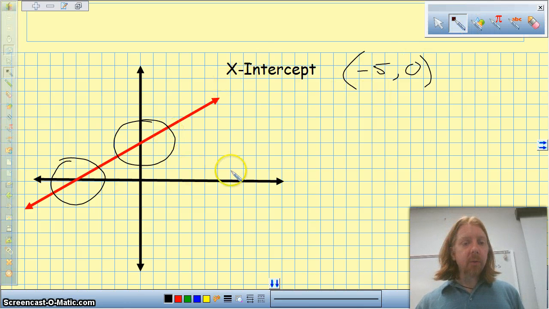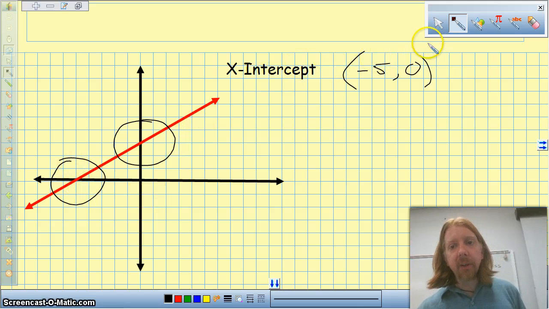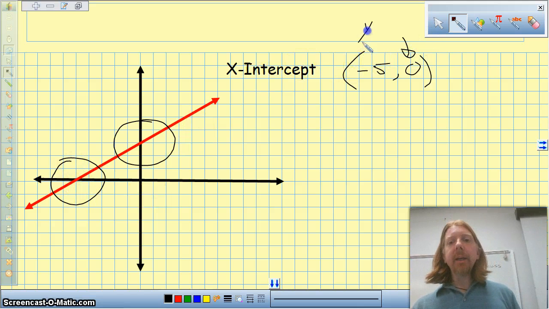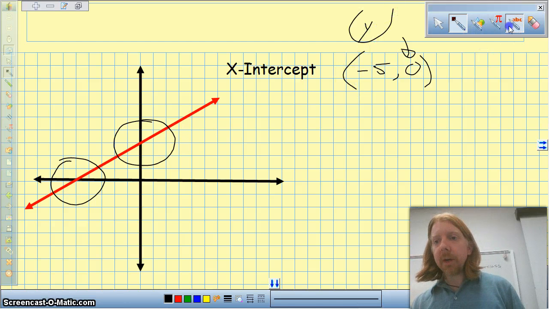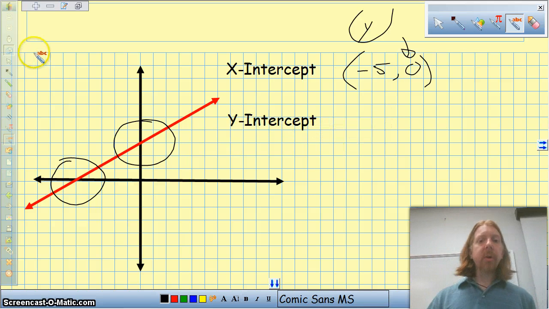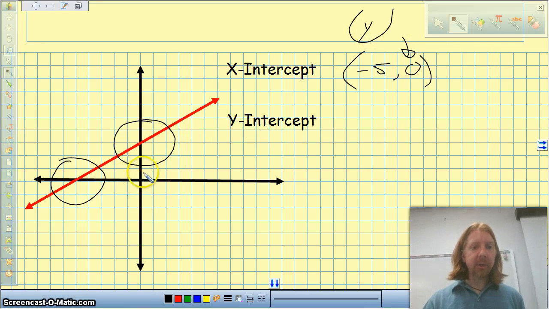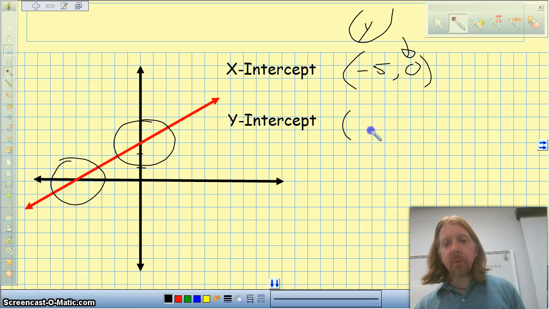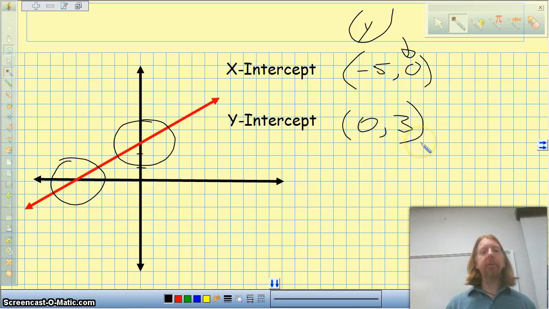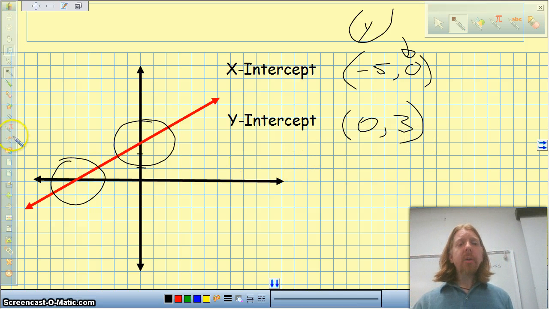Notice for the x-intercept, my y is 0. When I talk about the y-intercept, where it crosses the y-axis, my x is going to be 0, and my number, 1, 2, 3, is going to be in the y part of the ordered pair. So my y-intercept is 0, 3. And that's all you need to do with this.